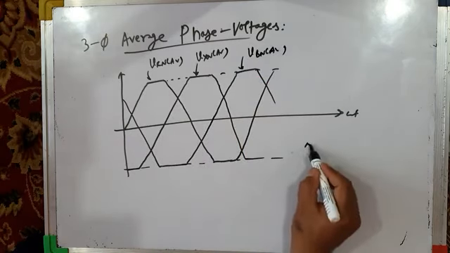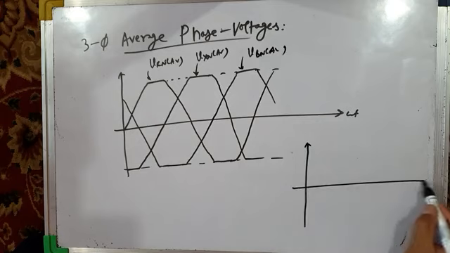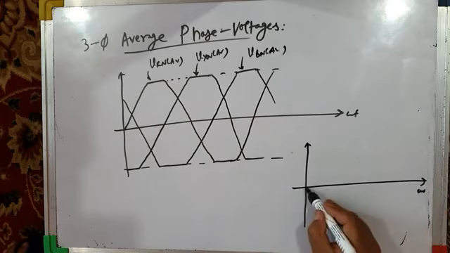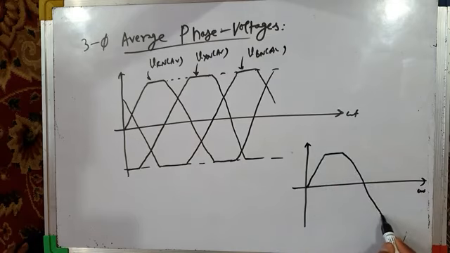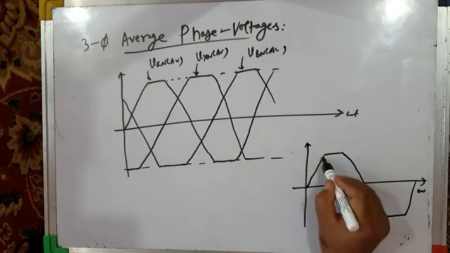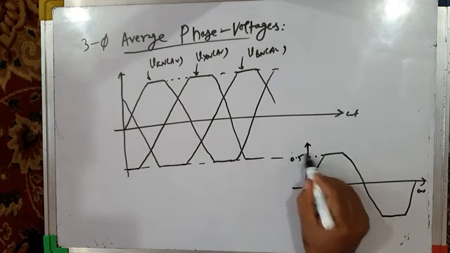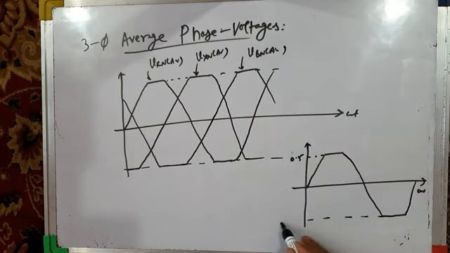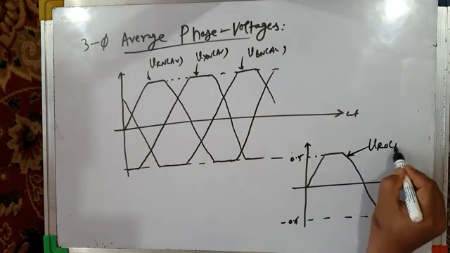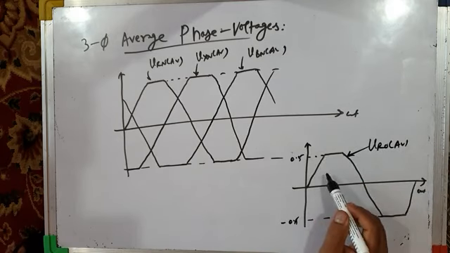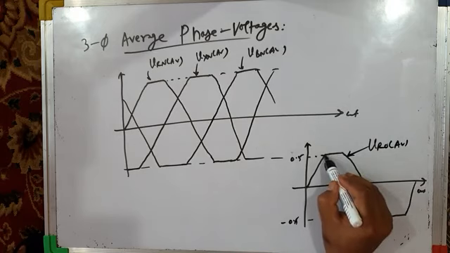The only difference between phase voltages and pole voltages I can explain like this. For example, this is your pole voltage. This is 0.5 minus 0.5. This is your pole voltage, VRO average pole voltage. Average phase voltage VRN will be slightly greater than this.